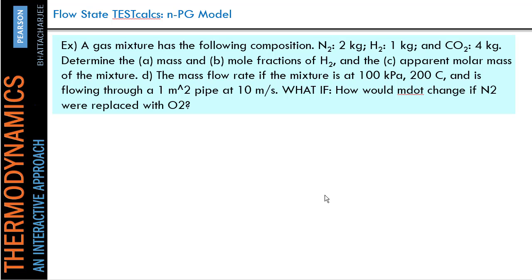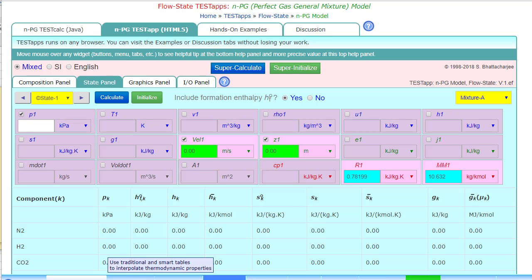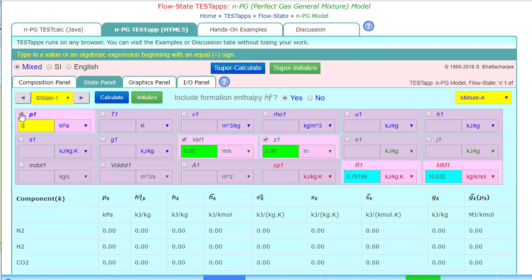So we know that m dot equals rho A V, and we're given A and V, so all we really need is the rho. So the rho is going to depend on the pressure and temperature as well. So we're going to enter those, which we're given as 100 and 200 degrees C. And then we were told it was 10 meters per second and 1 meter squared for the area.